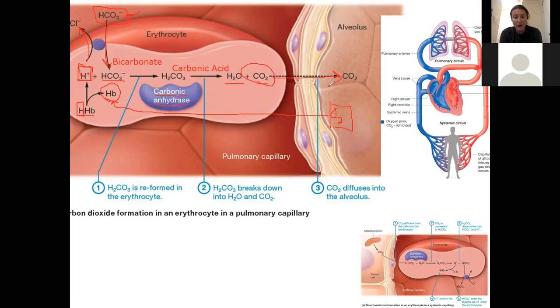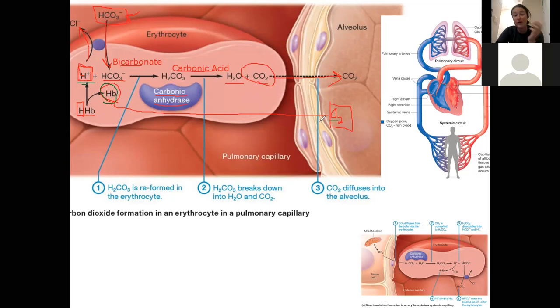A lot more is going on here than we initially discussed. I show you this so that you can learn this process and see how bicarbonate and carbonic acid relate to one another. This is a reversible reaction. If we have more carbon dioxide in the tissues, we make more bicarbonate. That increases the buffering capacity of our blood. Also, we get this interaction between acid, hydrogen ions, hemoglobin, and oxygen.